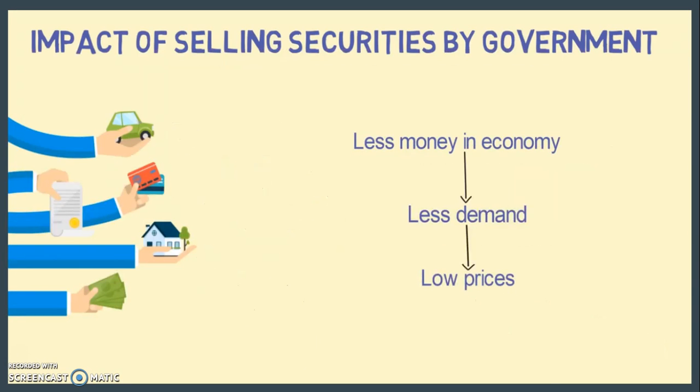And if they are selling these securities, that means there is less money in the economy, which can't be passed to the businesses, and the rate of interest is too high because there's less money. So demand will be less and prices will be very low. So whenever you see inflation and other things in the news channels, it means that the RBI is doing something to maintain a balance or equilibrium in the economy.